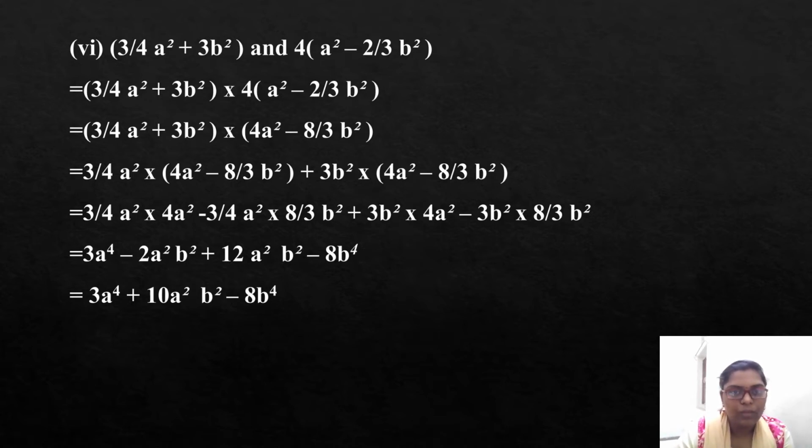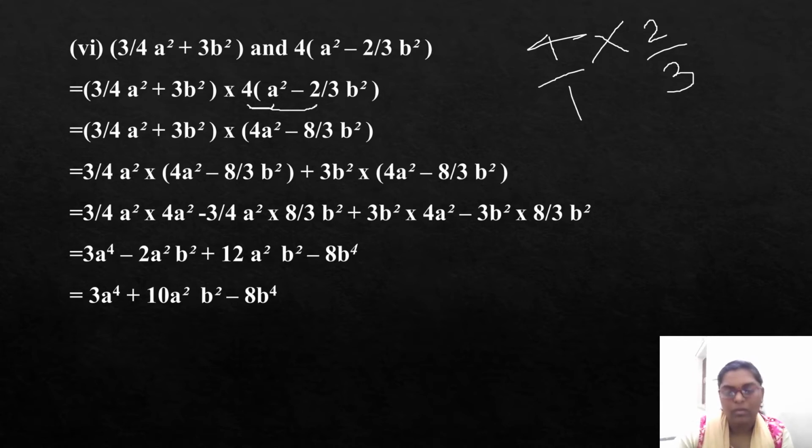See, this 4 is outside, so multiply the 4 inside. 4 into a square, 4a square, minus 4 into 2 by 3. 4 means 4 by 1. Multiply the numerators: 4 into 2 equals 8, divided by 1 into 3.